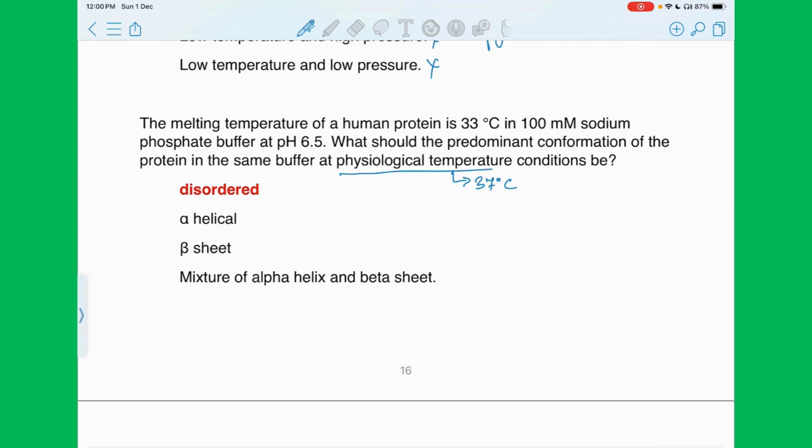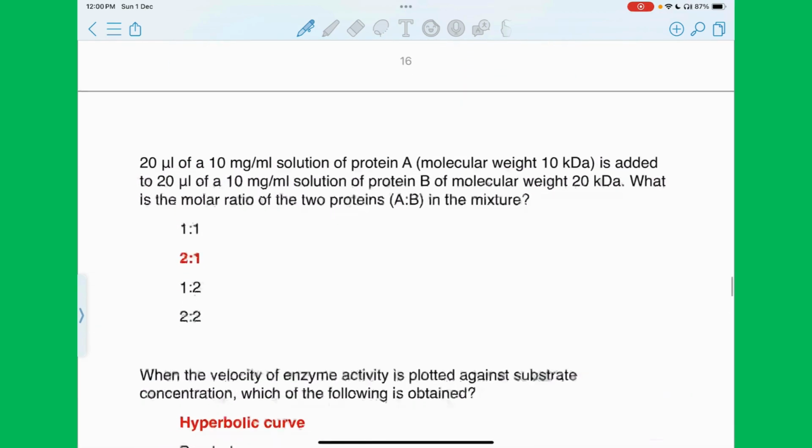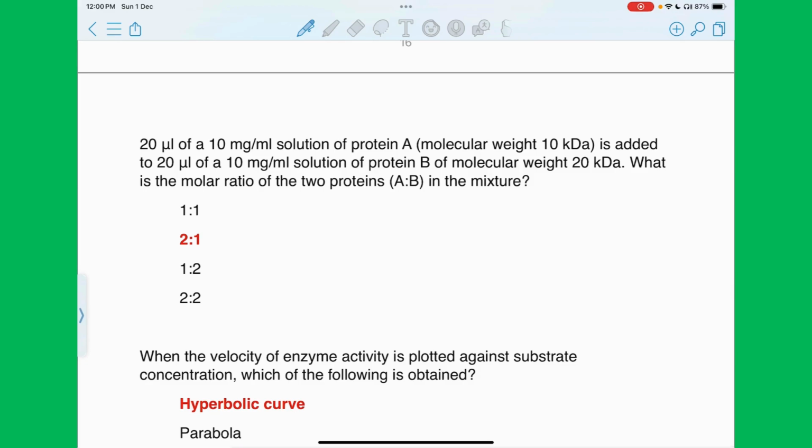So as the physiological temperature is greater than the melting temperature, the protein is likely to be getting denatured. So the conformation which we will be getting will be disordered. Let's check for the next question.